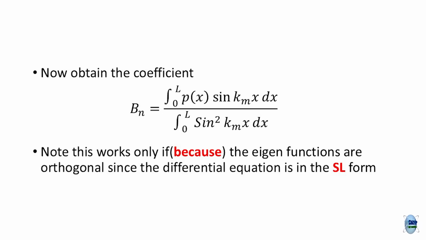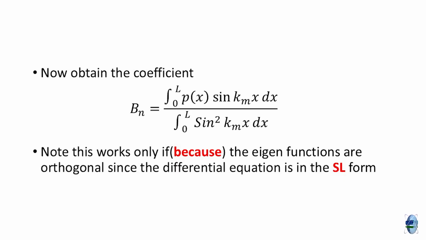What we want to show is that if you are trying to get the solution to a differential equation using the separation of variables, and you end up with an equation which has a large number of eigenvalues, I am going to be able to use the summation, and the coefficients of the summation are easily obtained.